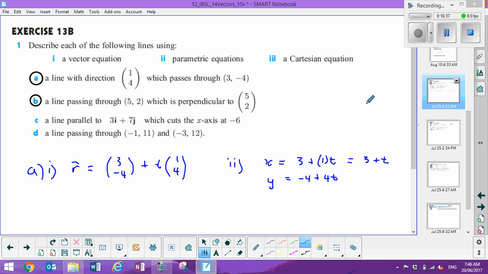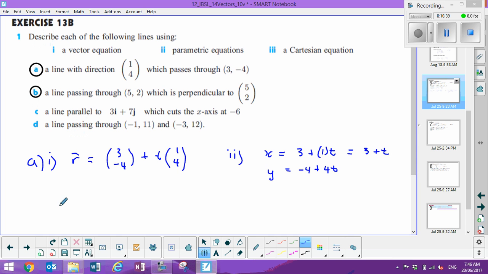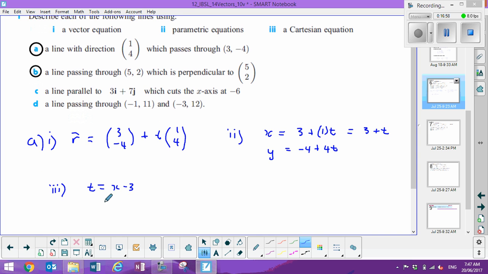To get our Cartesian equation, remember we want to make t the subject in each of these. So in the first one, we've got t is equal to x minus 3. In the second one, t is equal to y plus 4, all divided by the coefficient of t, which is 4.